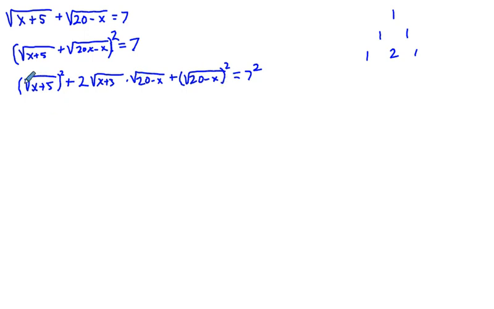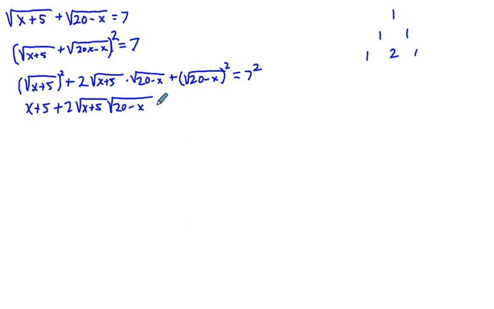And for the square root of quantity x plus 5 squared, we're left with x plus 5. And then we have plus 2 square root of x plus 5 times square root of 20 minus x.